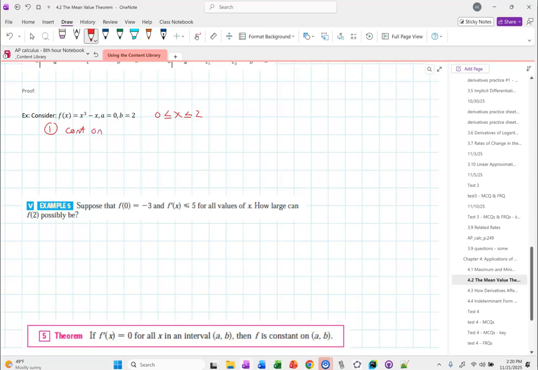Why? Because it's a polynomial. Is it differentiable on 0, 2? Yes. Why? Because it's continuous. Nope. Continuity doesn't guarantee differentiability. It's because the derivative is a polynomial.